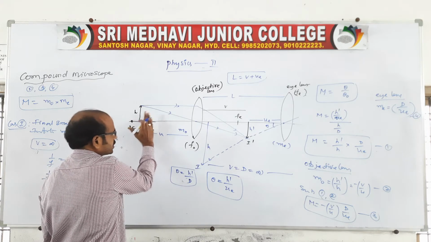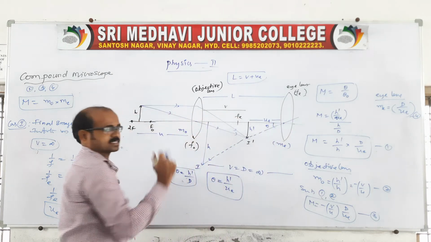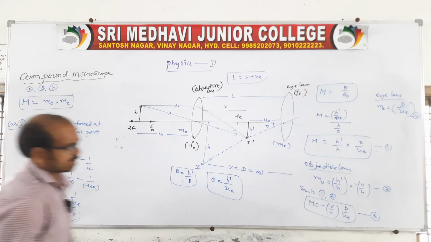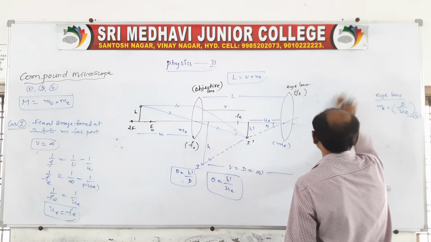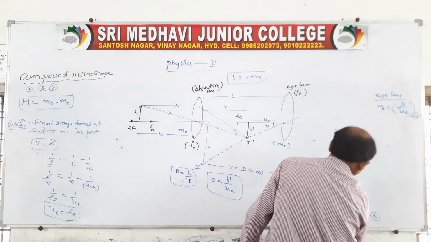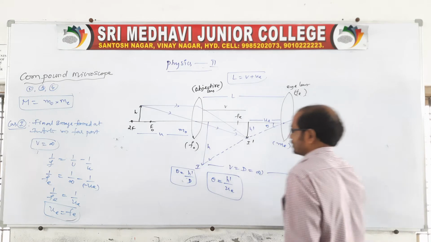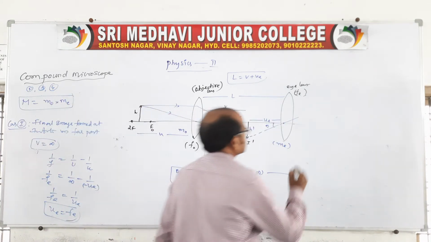If the object moves toward the lens, the image also moves away from this lens. Is it okay now? Now I want to tell you the next case. You keep the diagram like this only, because we have 2-3 cases, and then we can understand very easily by using the diagram. Suppose now I am telling about case 2. You take this as case 2 now.